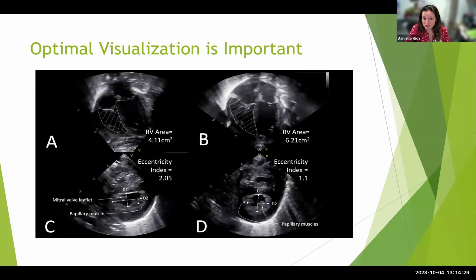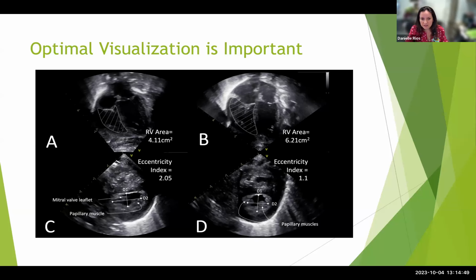It is important to note, however, that using an objective measure is not foolproof. So optimal visualization in the correct plane is required for accurate measurement. The images here were taken in the same patient within seconds of each other.